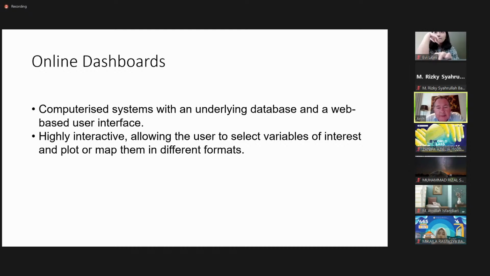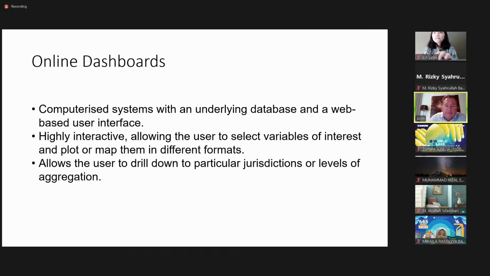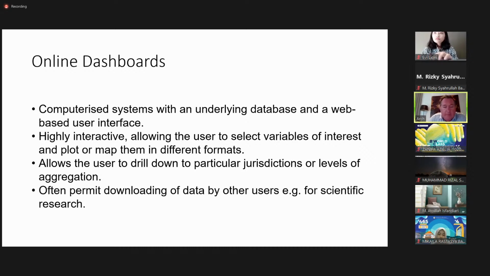They allow the user to select variables, to undertake queries, and to plot or map variables in different formats. Particularly, they allow people to drill down to particular jurisdictions or particular levels of aggregation. So you can pan into a particular area of the map. And as is the case with the Johns Hopkins dashboard, they often permit downloading of data by other users.